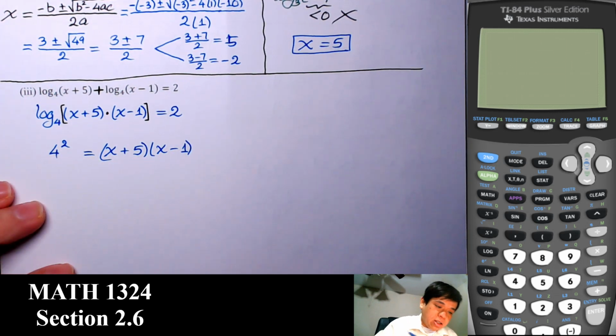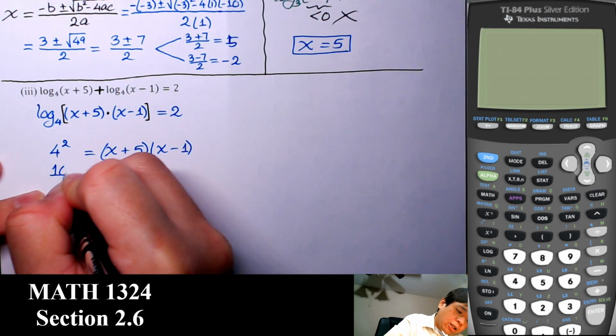So now we'll rewrite this. 4 squared equal to 16.